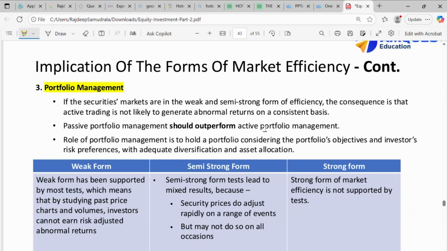When it comes to portfolio management, if the markets are weak or semi-strong, then active trading will not give you abnormal return because the markets are already weak or semi-strong. So if you're actively trading, you're not likely to get abnormal returns. But if you do passive, you will be able to do better portfolio management and better returns because passive investing already helps reduce your costs and reduce your taxes.